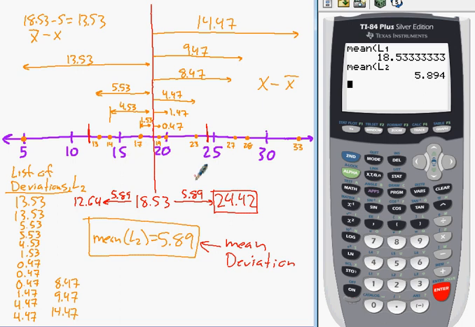If this number is smaller, it means more of your data, or the middle 50% of your data, is tighter to the mean. If this number is bigger, it means it's more spread out. So it gives you a nice sense of distribution. So what we're going to do next is talk about standard deviation, which is a variation on this same theme.